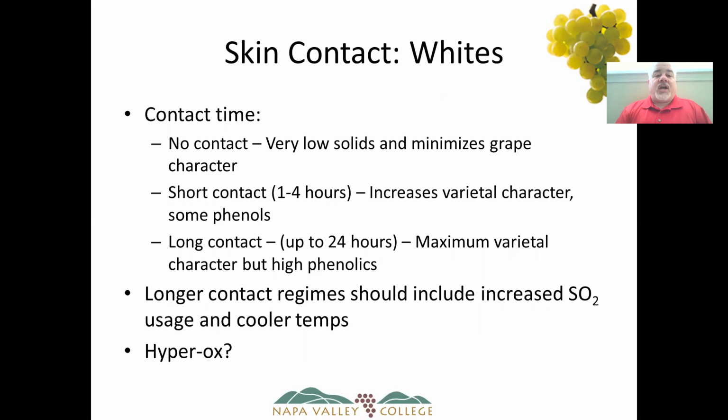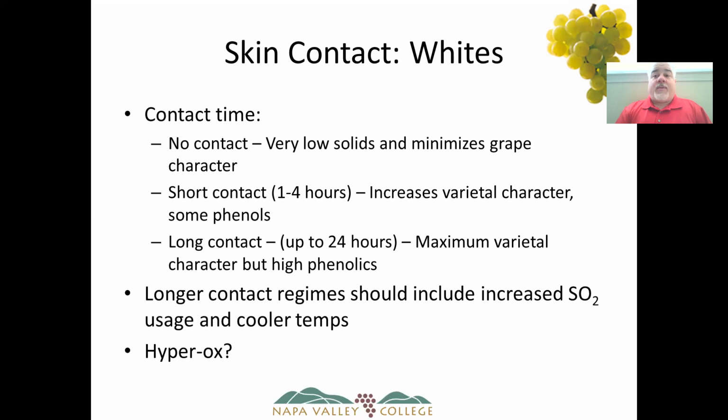The contact time has 3 different categories. No contact: you get the juice pressed and separated away right away, and you have no contact with the skins. You can have a short contact, 1 to 4 hours. That increases the varietal character at the risk of getting some phenols.